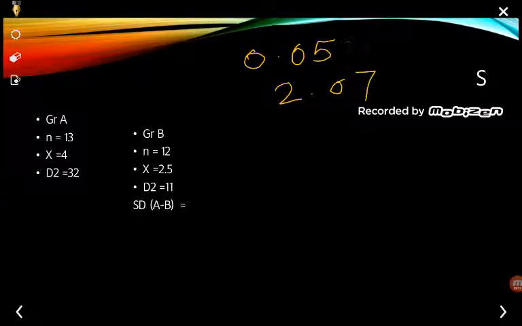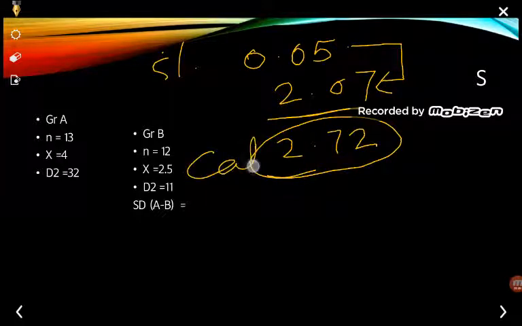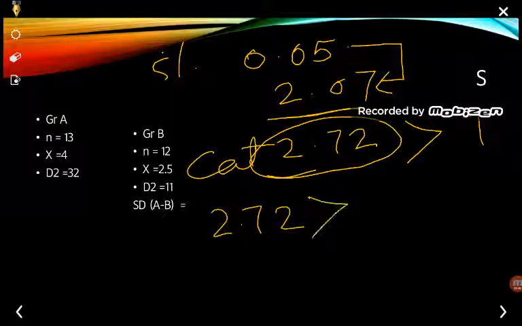So from the table we find the value at the 5% significance level is 2.07, and our value is 2.72. So we can say that the calculated value is greater than the tabulated value, that is, 2.72 is greater than 2.07.